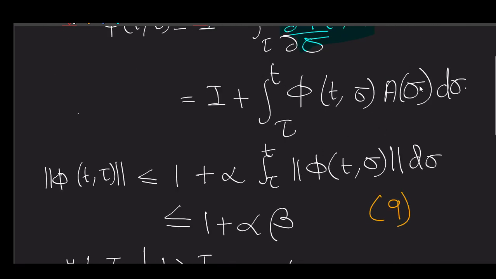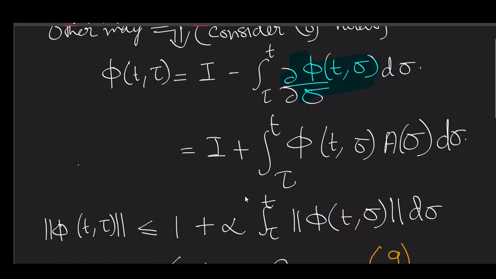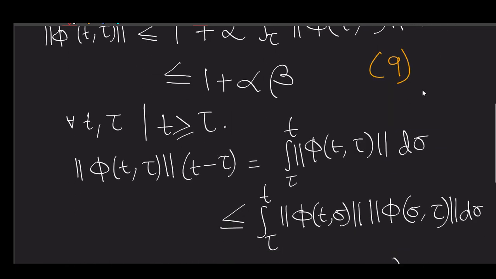And that alpha phi t comma sigma d sigma, right? Now that is equal to 1 plus alpha beta, right? Correct. That is equation number 9.